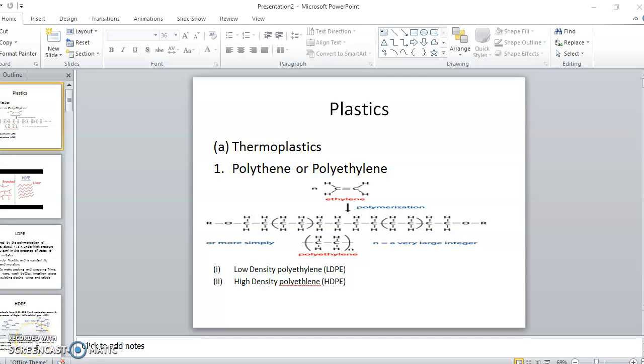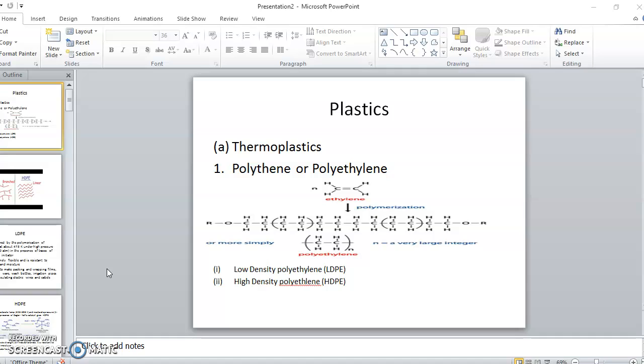Hi, we were discussing various synthetically important polymers, and the first class we discussed was synthetic rubbers. In synthetic rubbers, we discussed Buna, butyl, neoprene, etc. Then we discussed synthetic fibers, two classes.